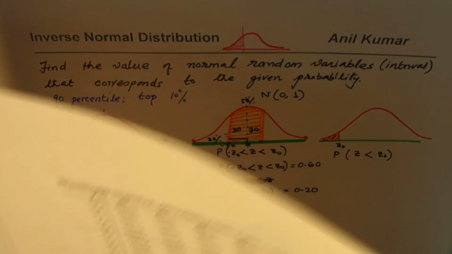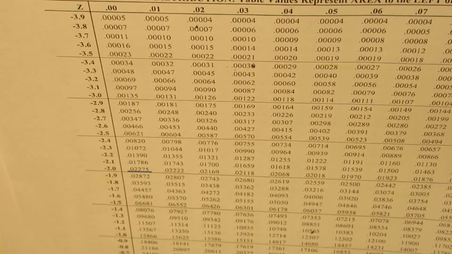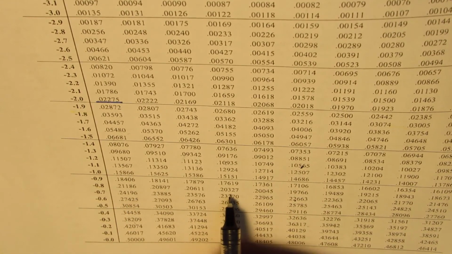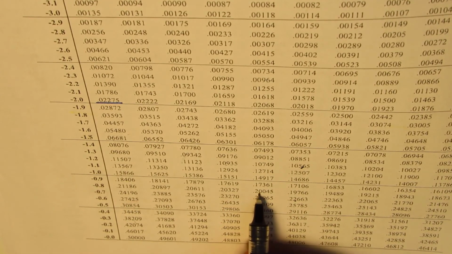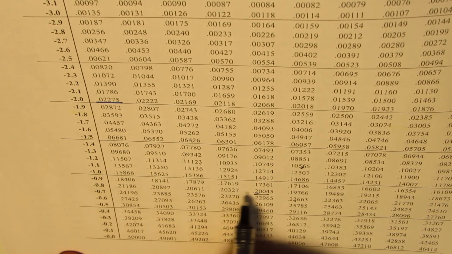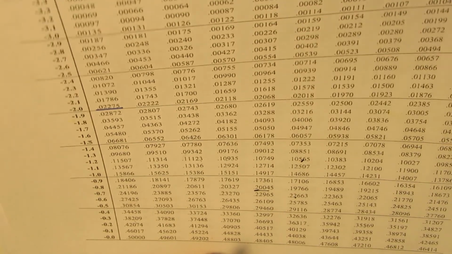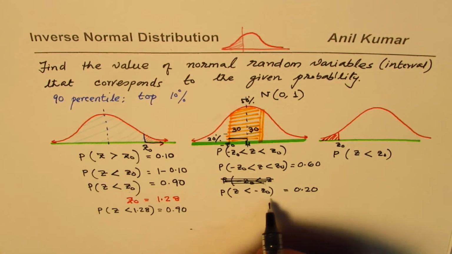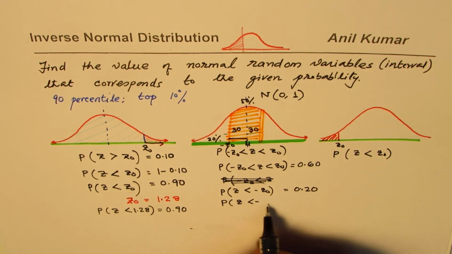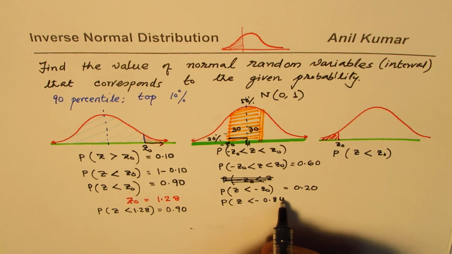So let's get back to our table. Look for 0.2 in probability. In 0.2 in probability is somewhere around this place, 0.200. So that is 0.2, right? Minus 0.84. So this is for when z is less than minus 0.84, right?